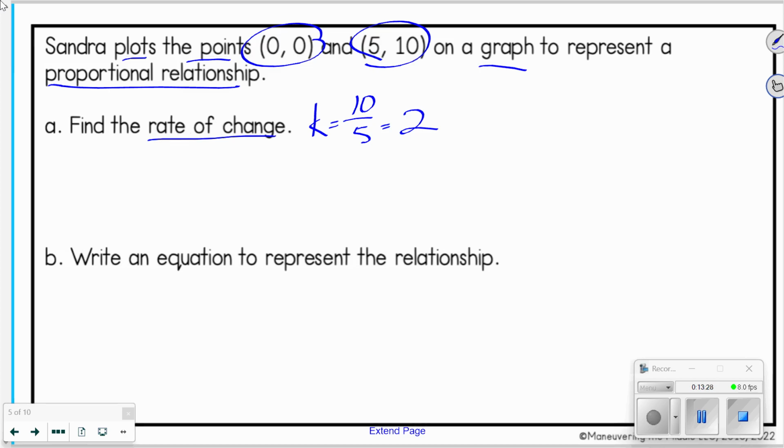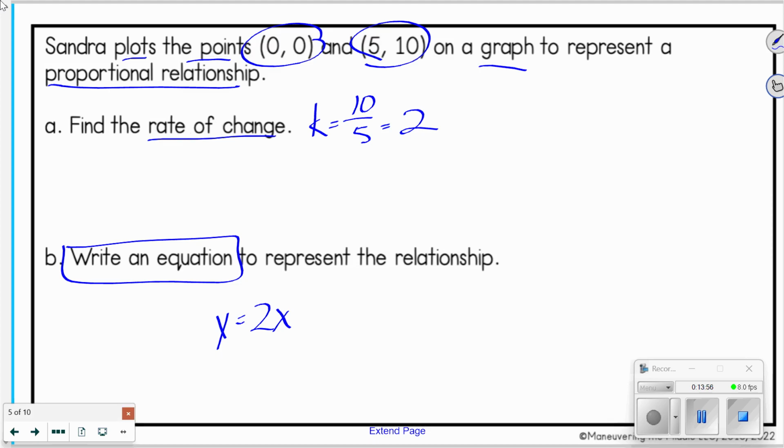No, they haven't told me what this relationship is, but I do know it's proportional. It comes down to 2. So since I do know my rate of change, or my constant of proportionality, can I now write an equation? Yes. What does my equation look like? y equals 2x. Already see how all these pieces fit together.